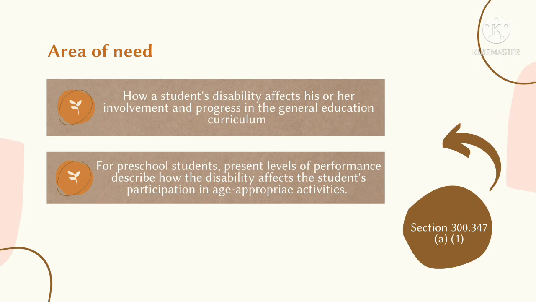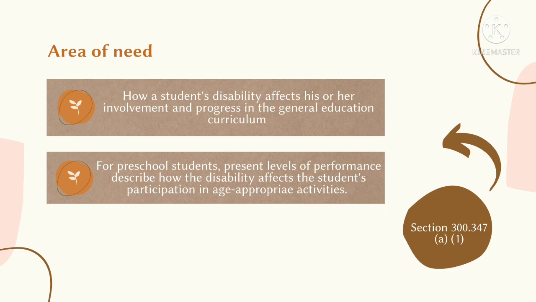The PLAF in the area of need includes how a student's disability affects his or her involvement and progress in the general education curriculum. That is the same curriculum as for students without disabilities.